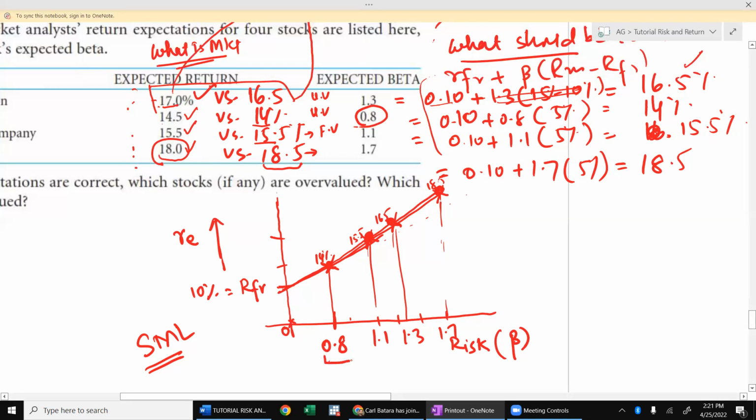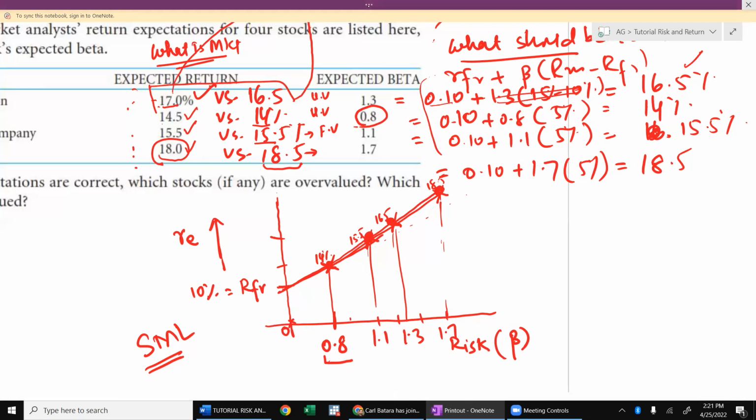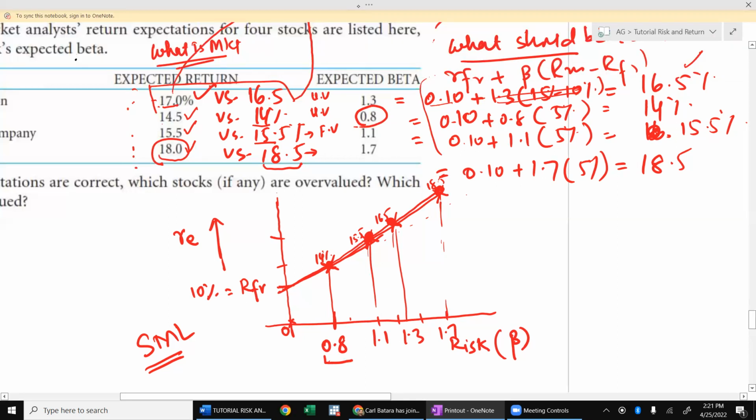When the beta is 0.8, CAPM asks us to expect 14%, but the market is saying how much? 14.5%.